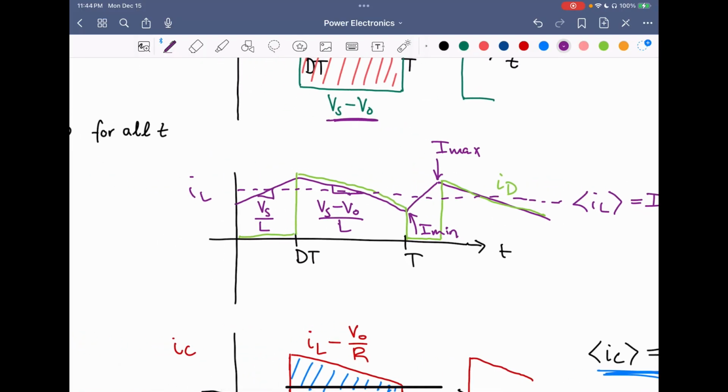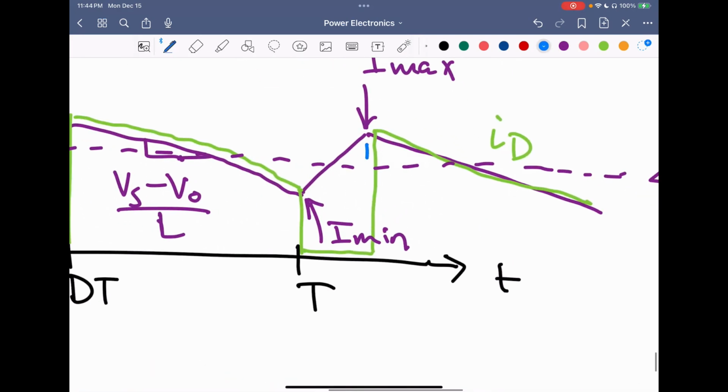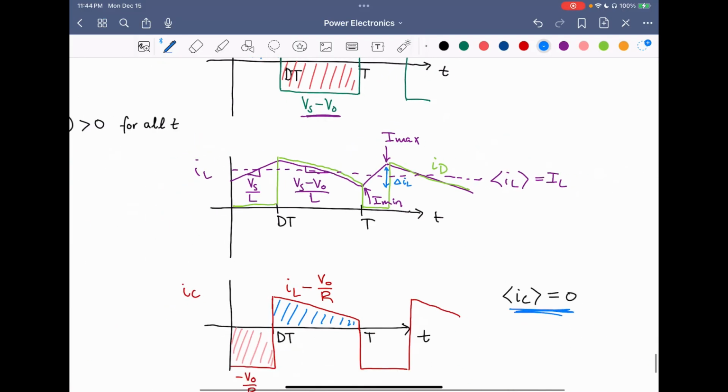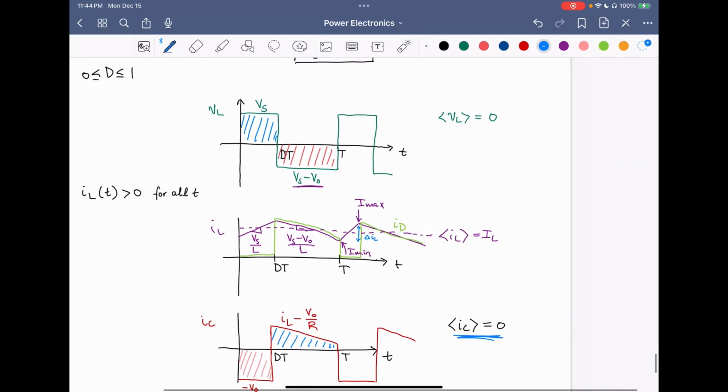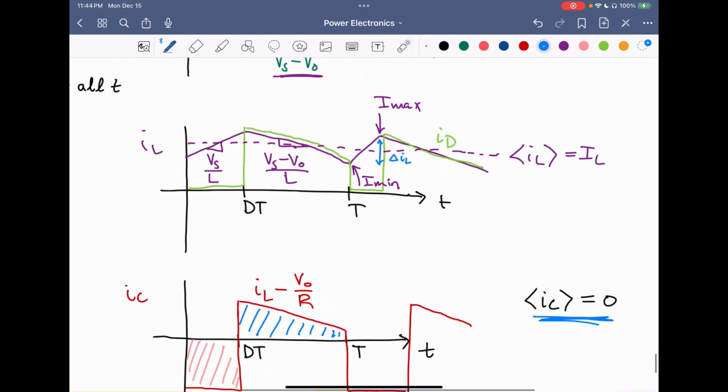Because we know the DC component, we want to find what this delta IL is. We know the slope during the dt interval is Vs over L, so we can just multiply the slope by the time interval of dt, and that's going to give us this change, delta IL.